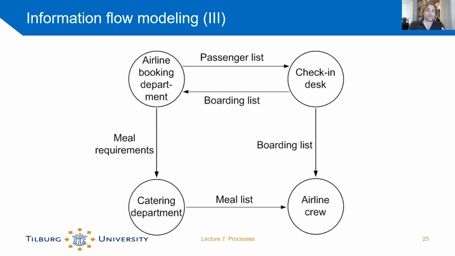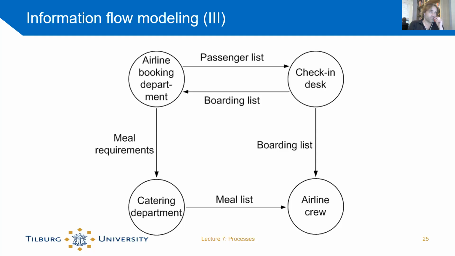This is what happens when an airline booking department has to communicate with the airline crew on an airport in order to make sure that every passenger is there and that everyone gets what they need. Of course you have more units involved, but this is to simplify it very much in order to make the concept of information flow more understandable.